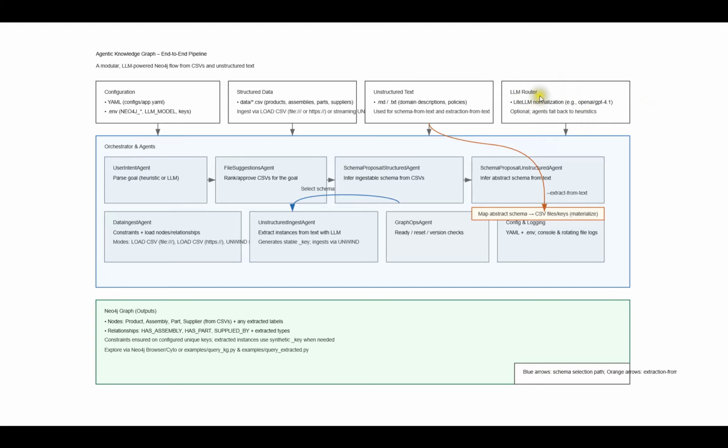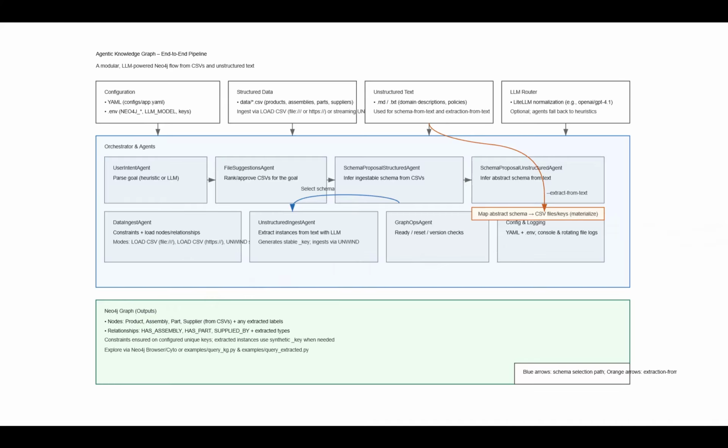The LLM router will just normalize the completions to use it across different providers. And finally, we have the outputs. The outputs are going to be nodes, relationships, constraints, and explorer, nodes, relationships and constraints that will be present in our graph database.